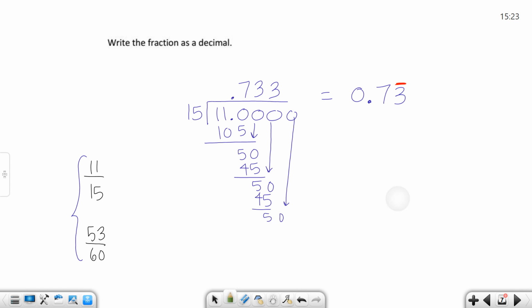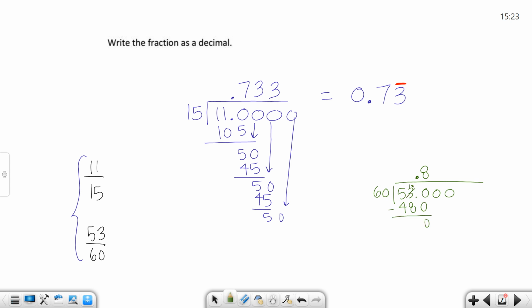Okay, our other one is 53 over 60. And when it's a number like that, a multiple of 10, it's usually a little bit easier to divide than some of the others. Okay, there's where my decimal goes, and that's how I'd set it up. 60 is my divisor, and 53 is my dividend. Okay, 6 goes into 53 8 times. Okay, so 8 times 60 would be 480.